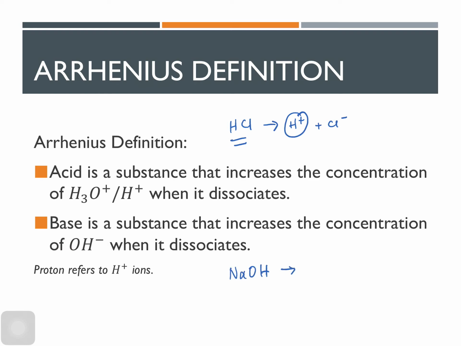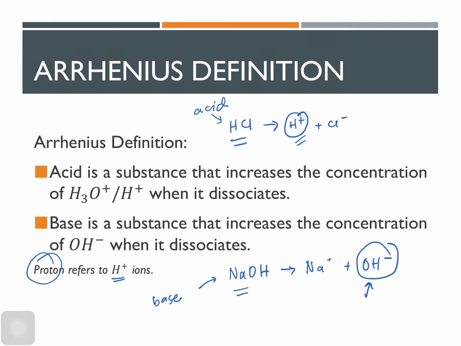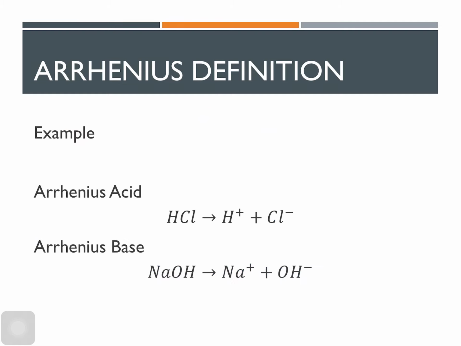By the way, for the rest of the topic, we're going to call hydronium ions protons instead. So here, for example, you can see hydrogen chloride dissociates into H plus. Since it produces H plus, that is an Arrhenius acid.